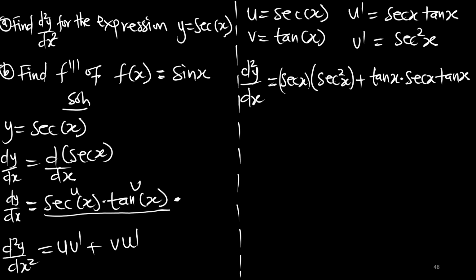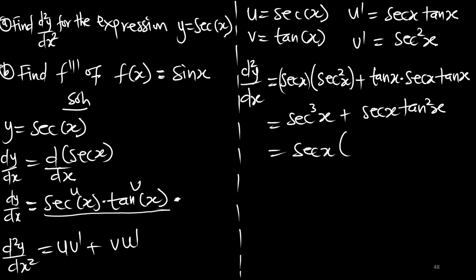From here we can simplify the expression, so this can be sec cube x plus sec x tan square x, right? If I bring out sec x, I am left with sec square x plus tan square x.